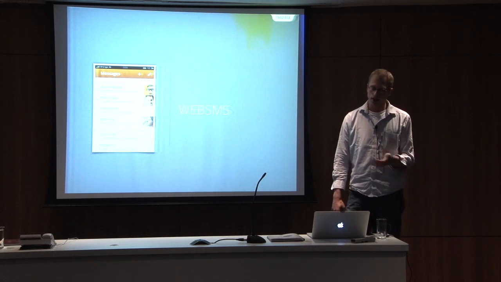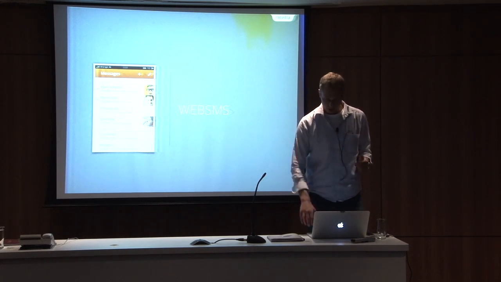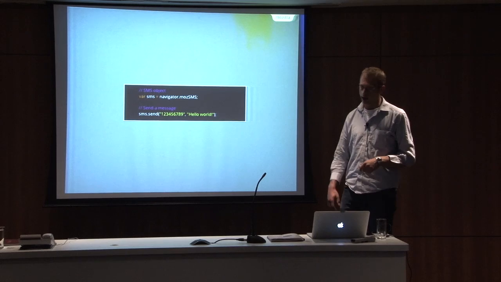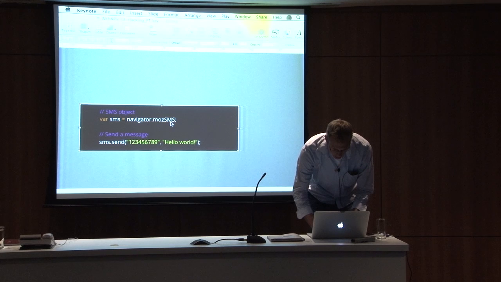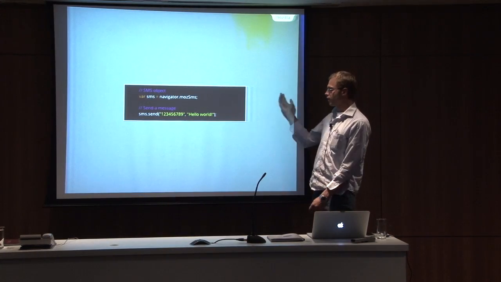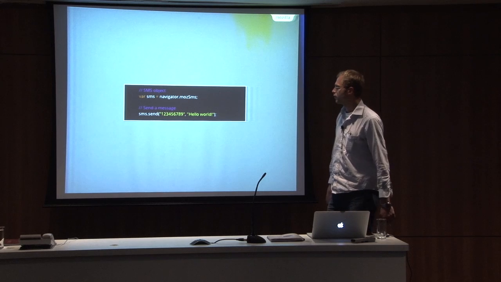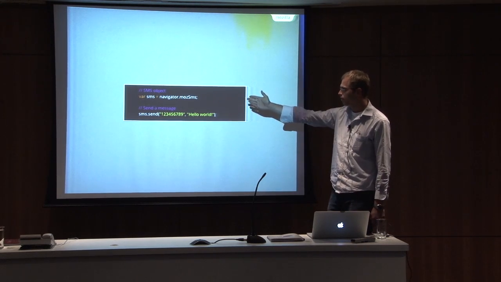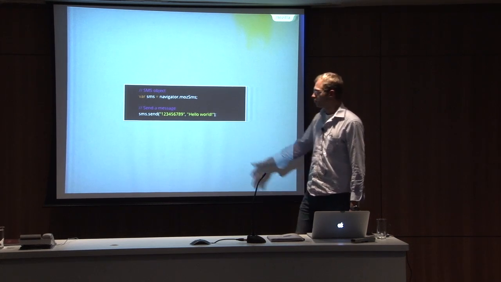Yeah, an API that I think is a lot more useful for more widespread applications is SMS. And I should have really reviewed some of these typos. But yeah, like telephony and a lot of these other APIs, this API is also available on the Navigator object, and it's very simple.